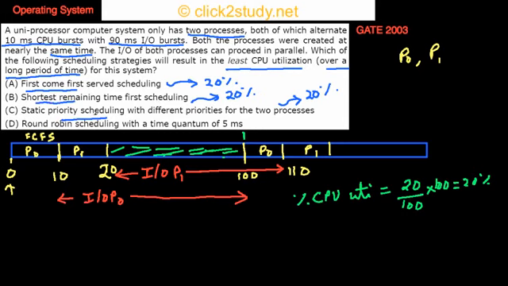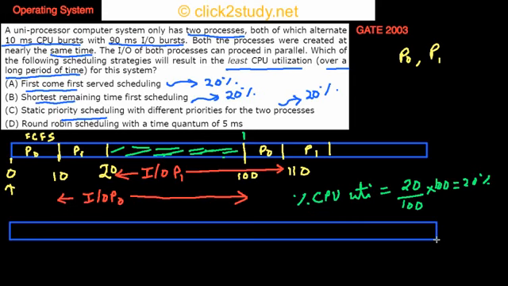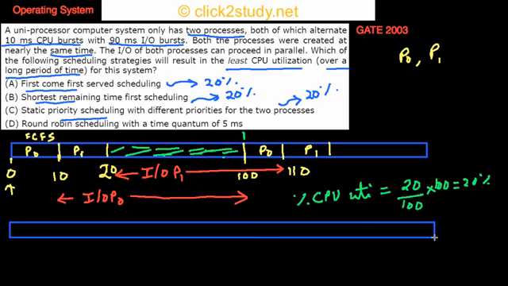And then what is important is round robin scheduling. Since you are given choices, by elimination you can guess that this must be round robin, and we'll see how that is true, because we are going to see what happens in round robin. So suppose I draw this again. This is my timeline.